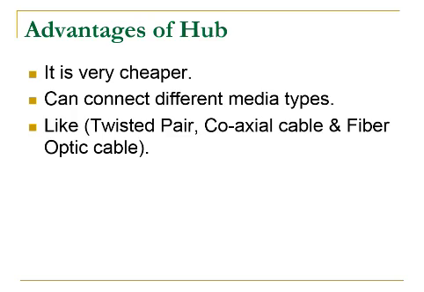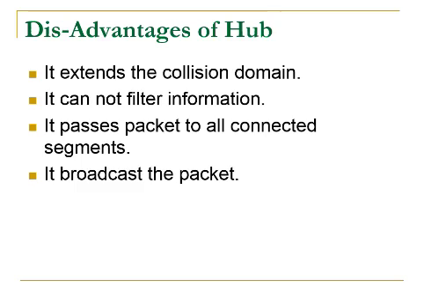These are the advantages of hub. It is very cheap. It can connect different media types like twisted pair cable, coaxial cable, and fiber optic cable. Although the two different networks or devices use different media, still they can connect with each other by using a hub.